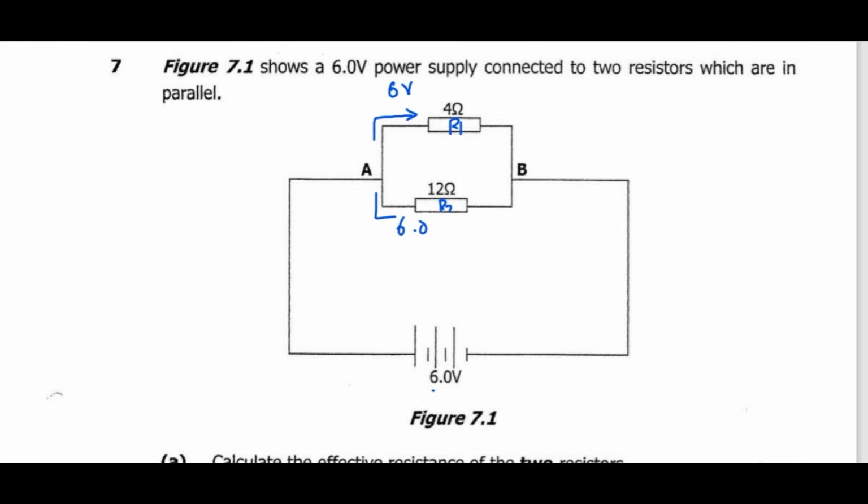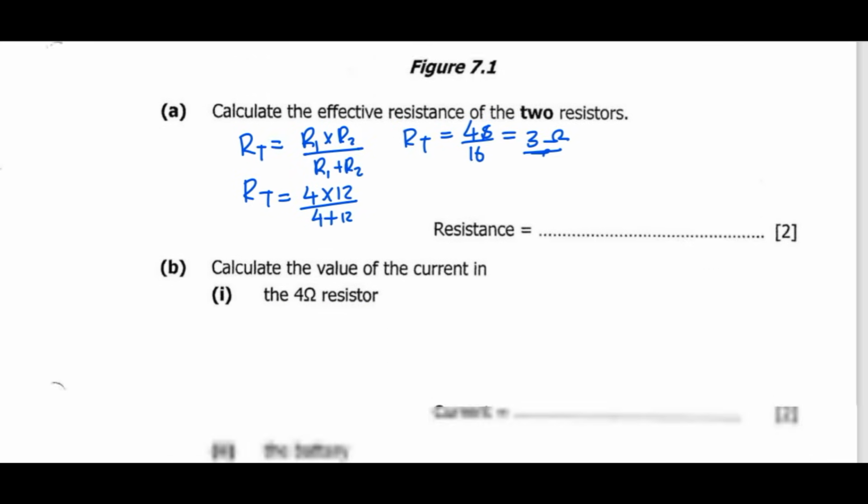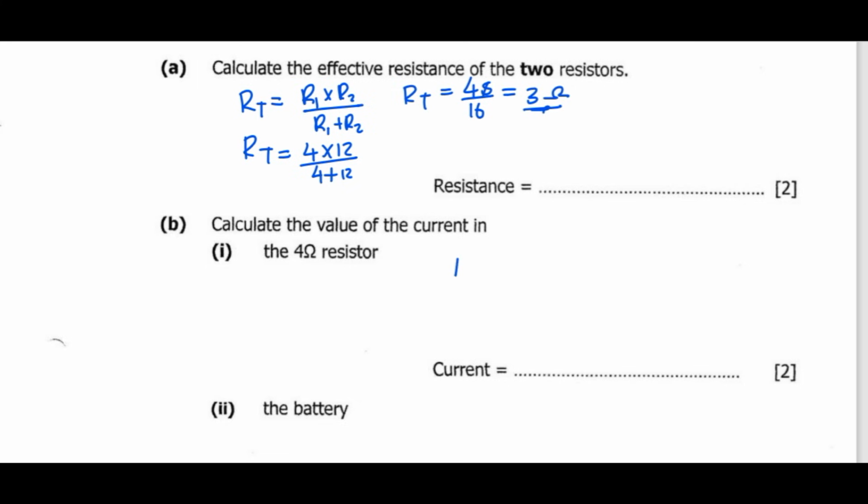Remember, voltage is equal in parallel. So how can we find current? Current is equal to voltage over resistance. So the voltage is 6 over 4. So 6 divided by 4 should give us 1.5. So our current is 1.5 amps.